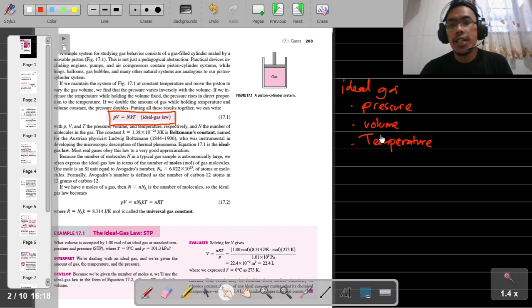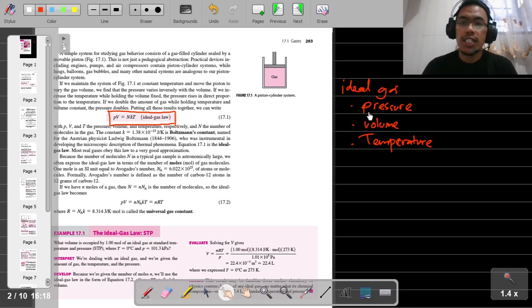Let's say if we already know the data of the gas pressure and the volume, then by using this ideal gas law concept, we can know the temperature. If we know the volume and the temperature, then we can exactly know the value of pressure. And also if we already know the pressure and the temperature of the gas, then we can directly find the volume of the gas.